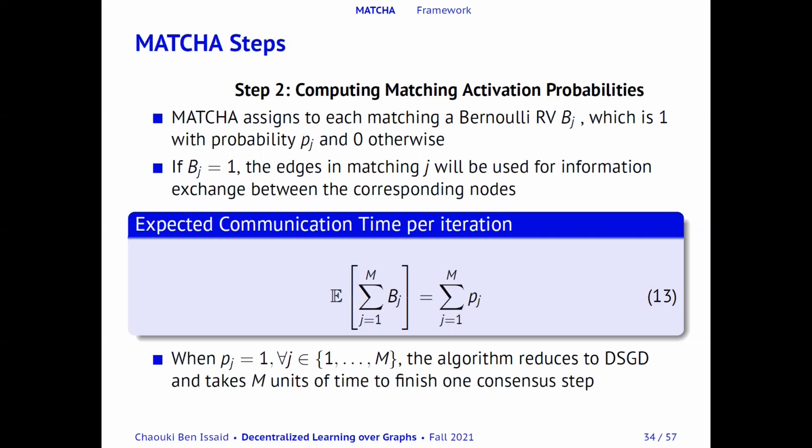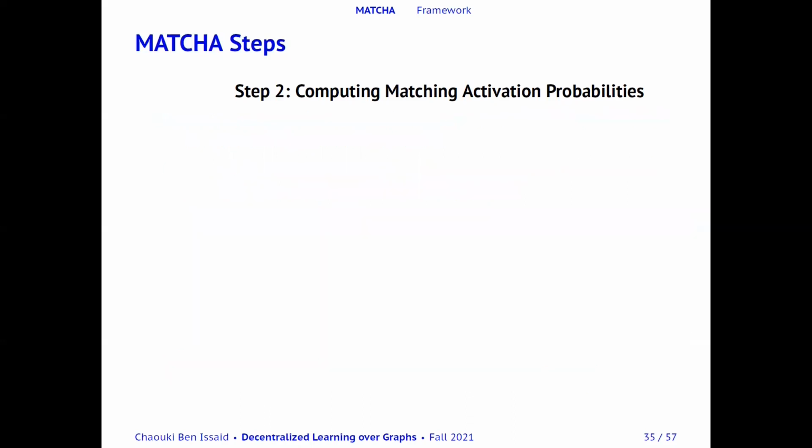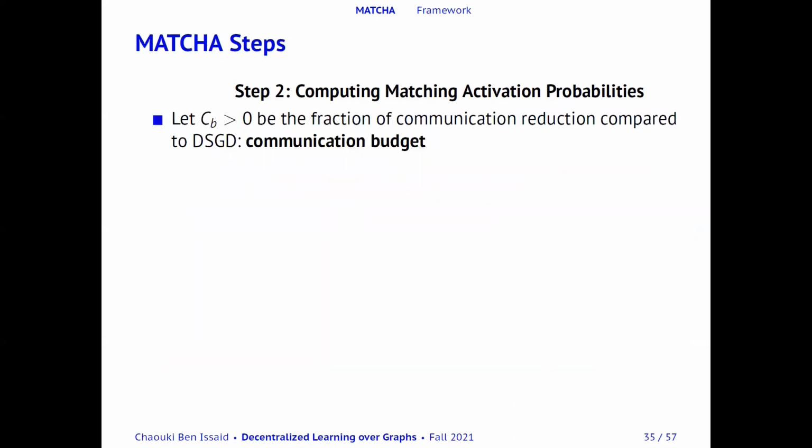When all p_g are equal to 1, the algorithm reduces to vanilla decentralized SGD, and it takes M units of time to finish one consensus step. Let CB be the fraction of communication reduction compared to decentralized stochastic gradient descent, which will be referred to as the communication budget.